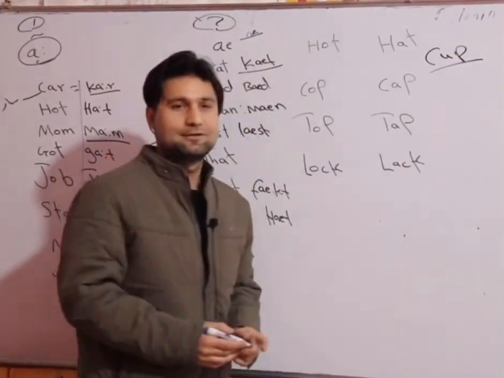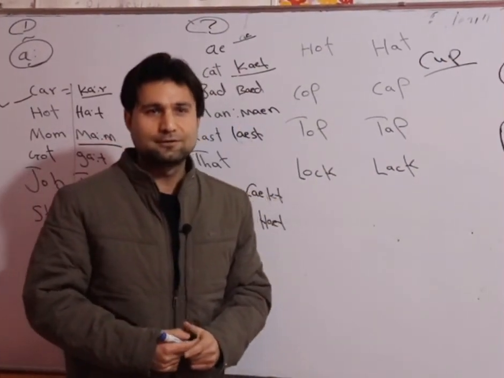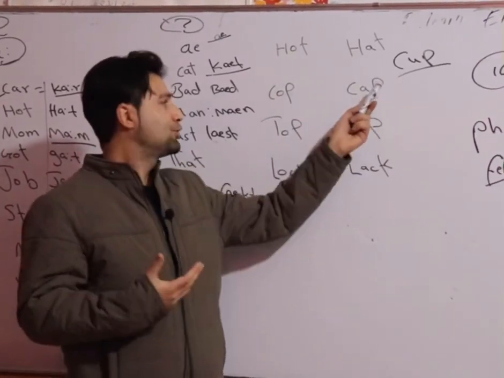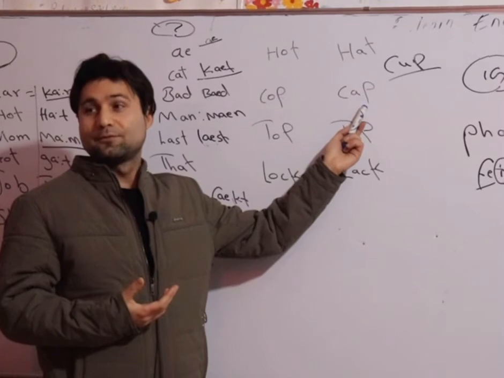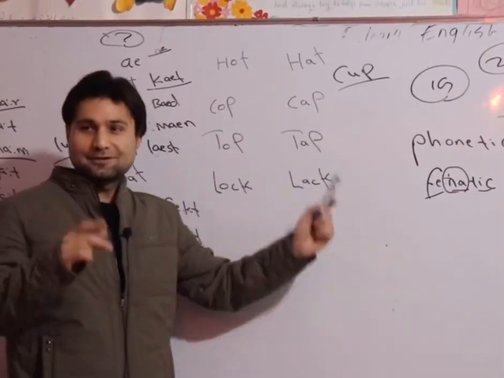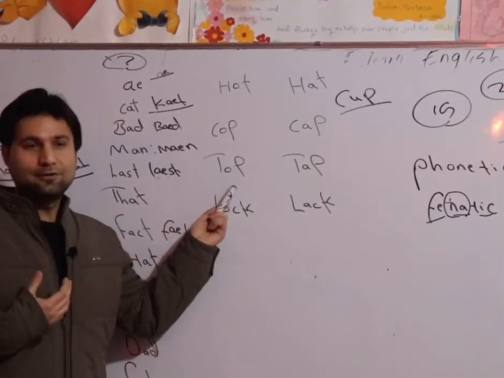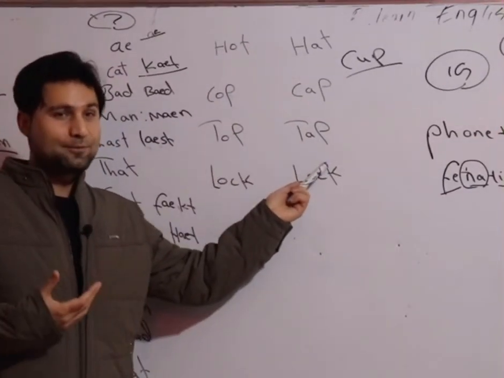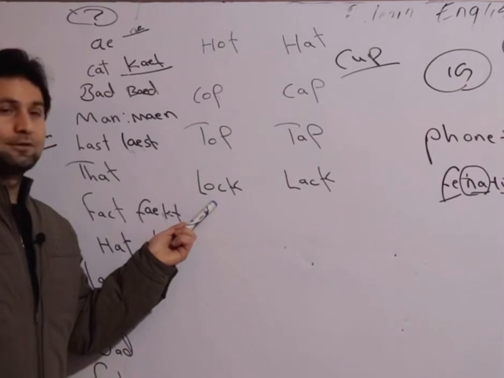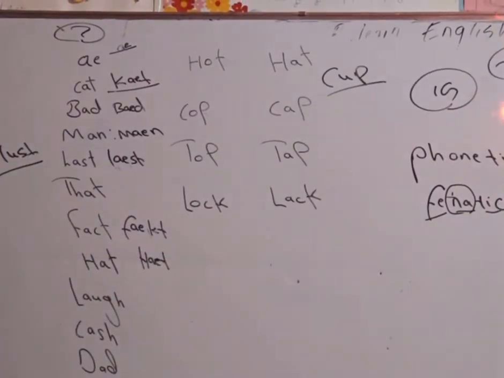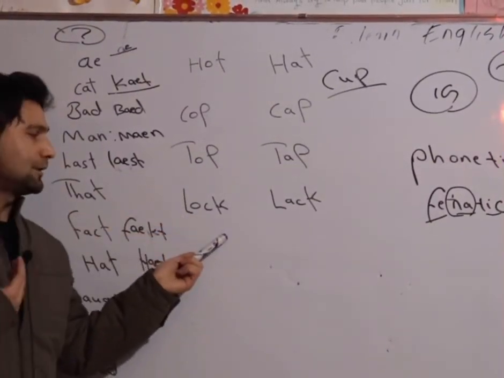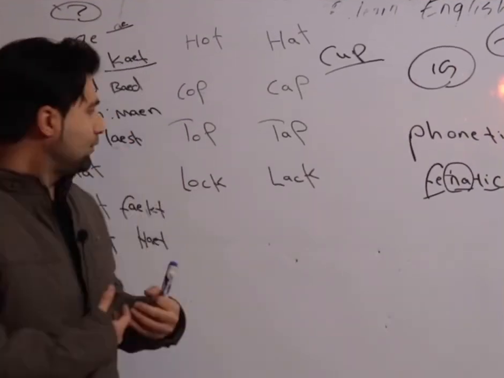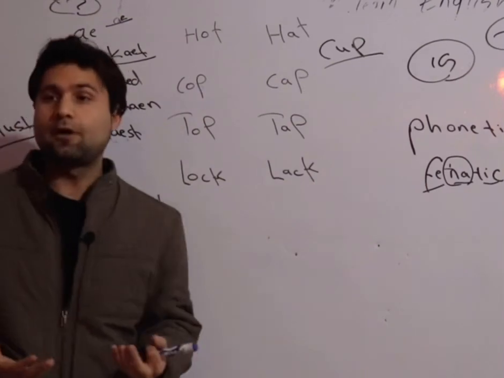So this is a glass. Yes. So what about this? This is like hot. Yes. Okay. How? Top. Tap. Yes. How? Lock. Yes. So you need to pronounce lock. So what about this? Lack. So guys, how do we get these sounds from?